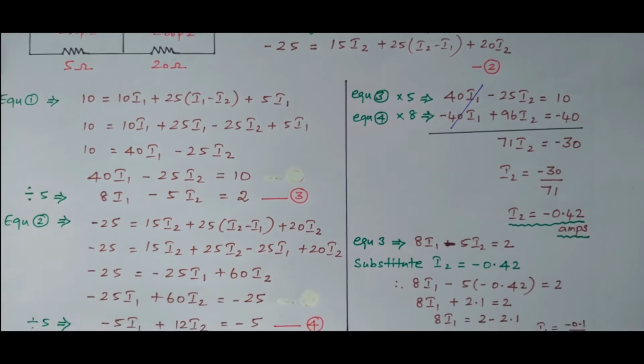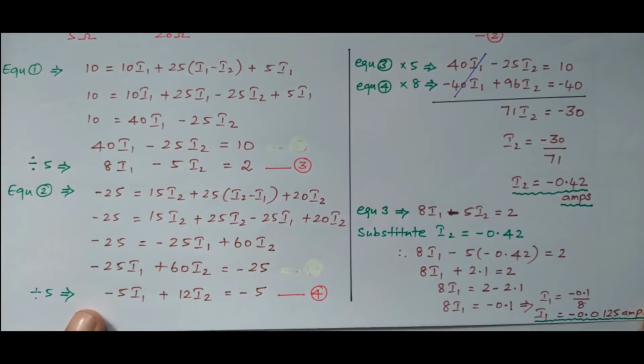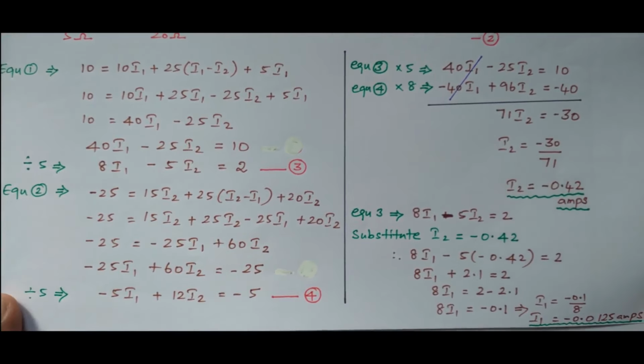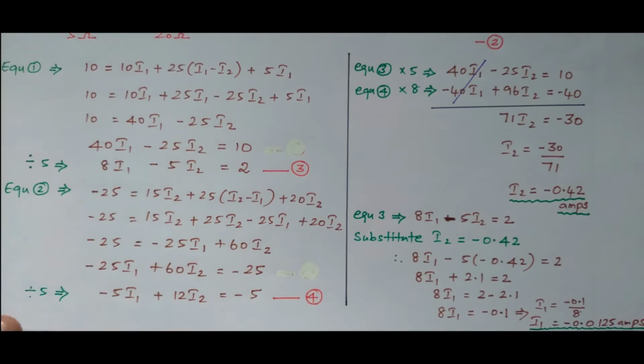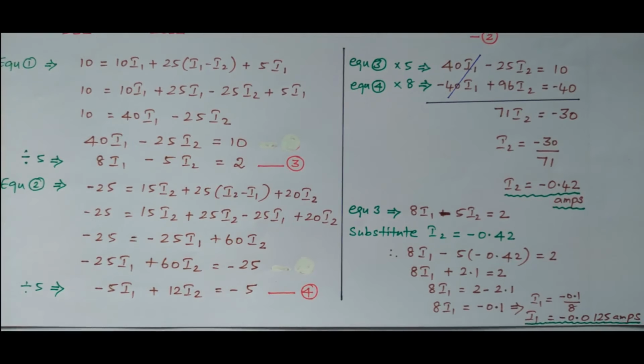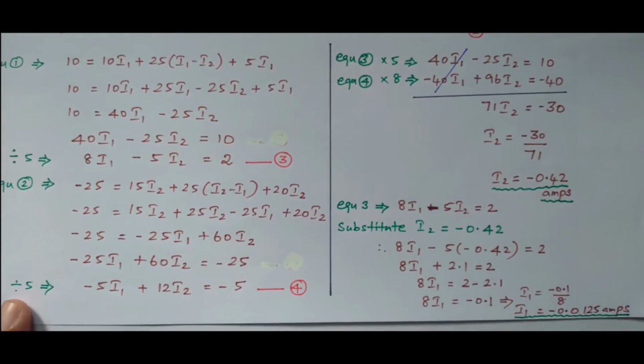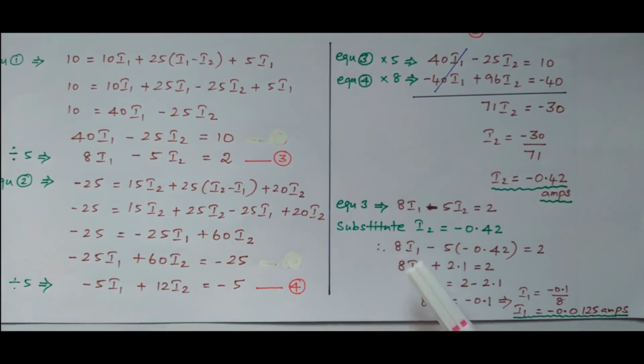So while substituting, we'll see what will happen. So 8 I1 minus 5 into I2, which is minus 0.42, is equal to 2.